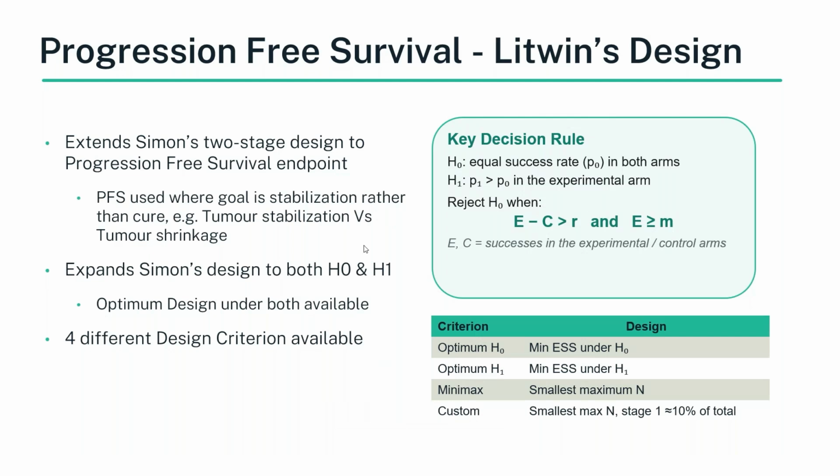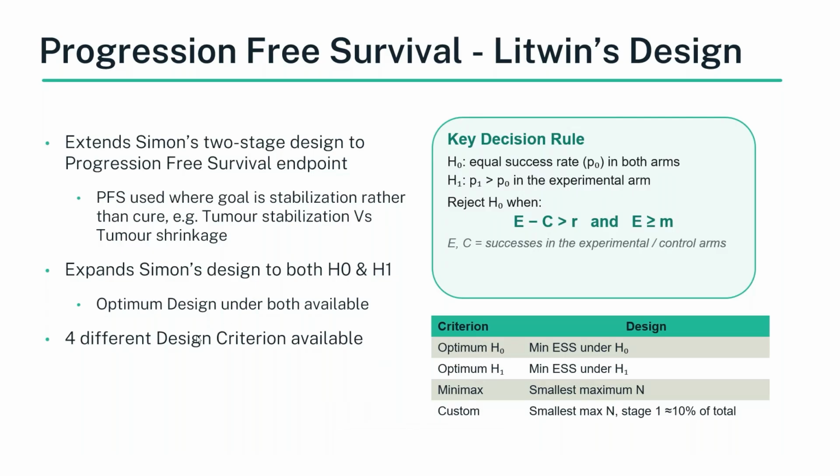Another benefit of the Litwin design is that it extends Simon's design to both the null and alternative hypothesis. So an optimum design is available under both these hypotheses, whereas in the Simon's design paper, the optimum design is only available under the alternative, I believe.